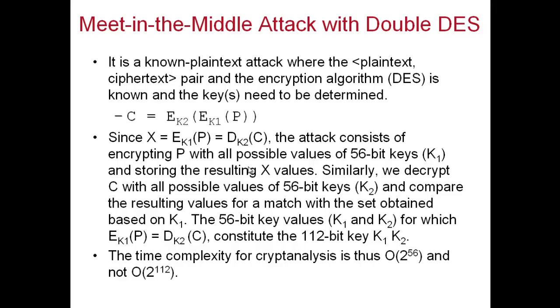So you try 2 to the 55 combinations of K1 plus another 2 to the 55 combinations of K2. That is 2 to the 55 plus 2 to the 55, which is 2 to the 56.